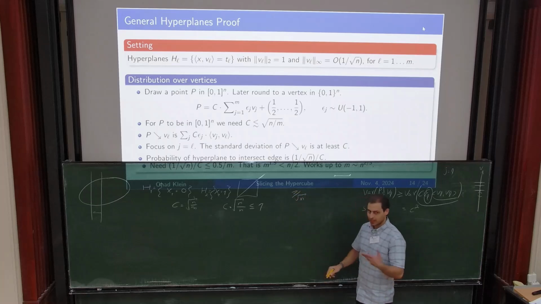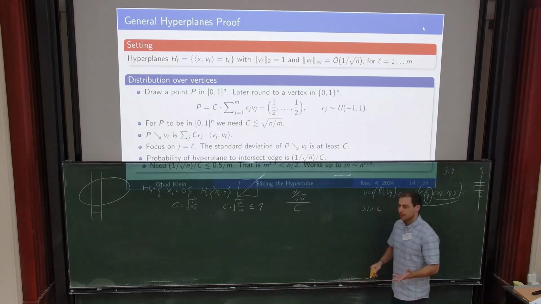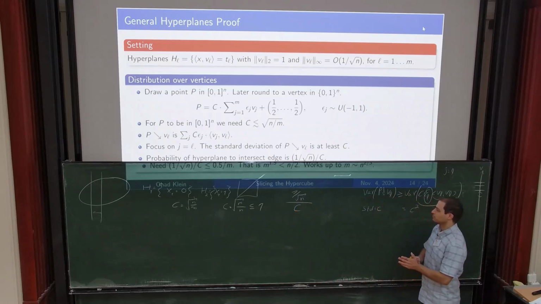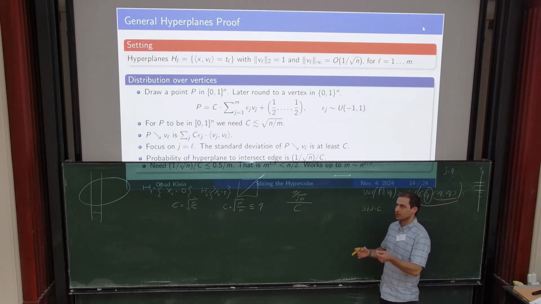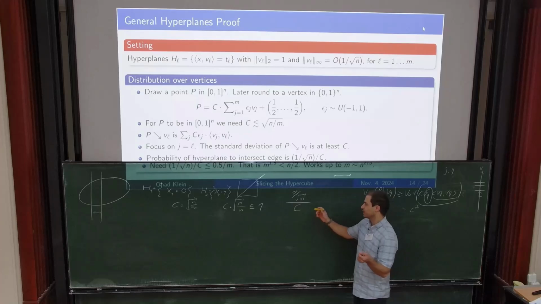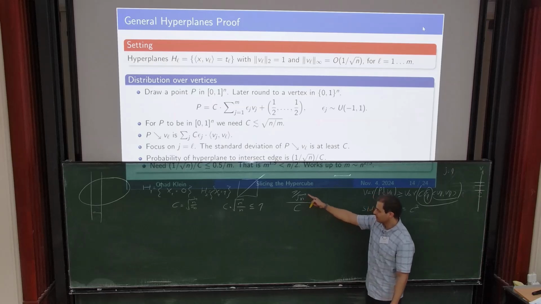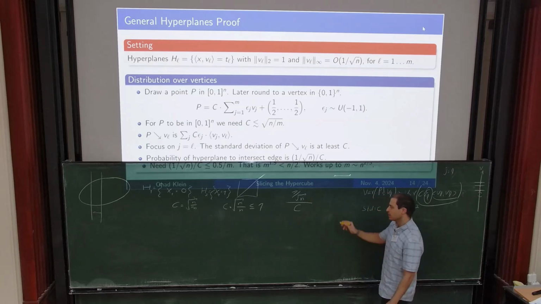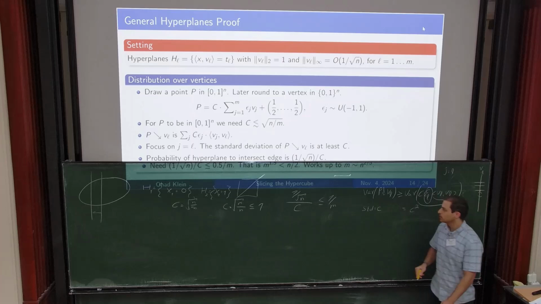Its location has standard deviation C. How many points do we need to capture this interval having this large standard deviation? We get this exact expression, and this should be smaller than 1 over n, because this is what we aim for.